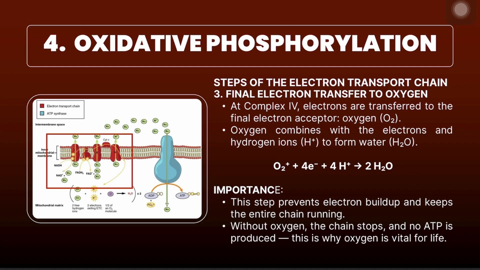Because of that, it creates an electrochemical gradient, or the proton gradient, that stores potential energy. And after that, this stored energy will now be used in the next step, which is chemiosmosis, to actually produce the ATP.